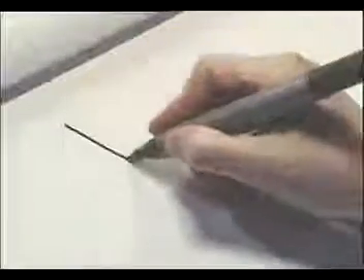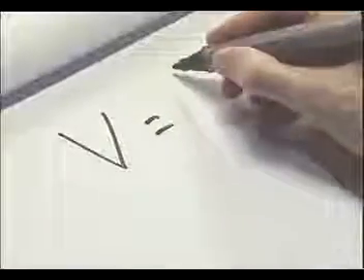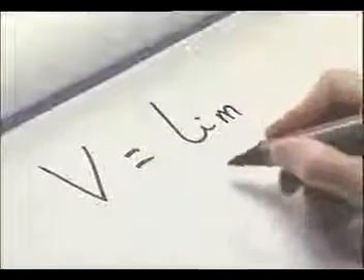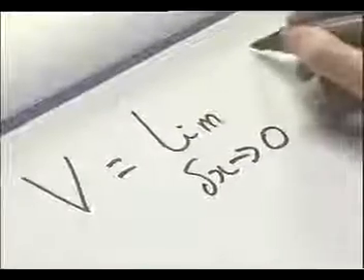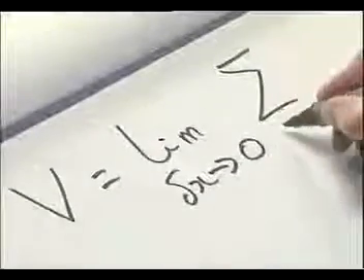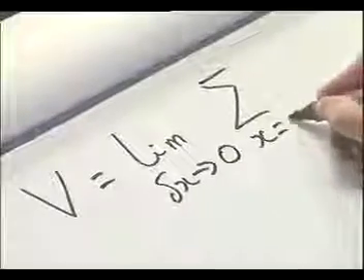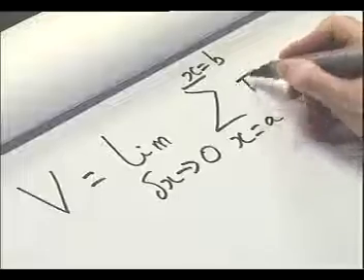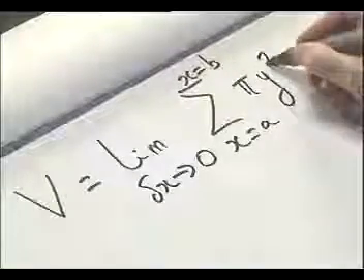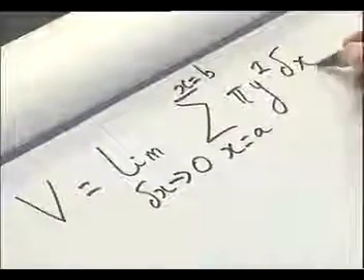So let's write this down. We want V is equal to the limit as delta x tends to 0 of this sum, x equals a to x equals b, of pi y squared delta x.